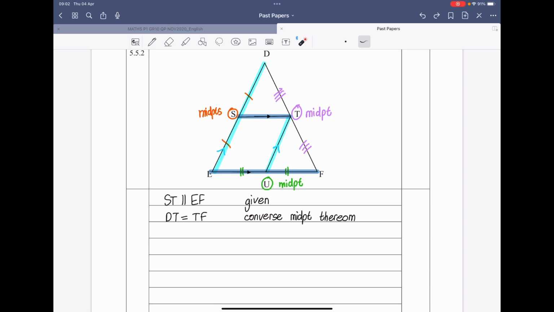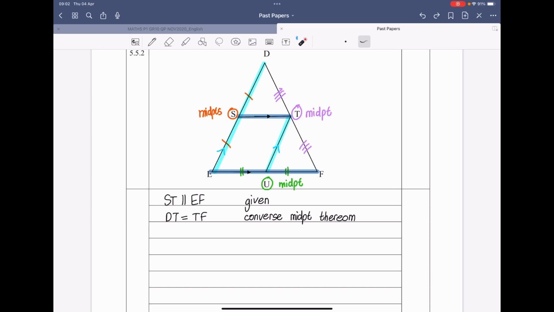Okay, and then moving on, now that we've got that DT is equal to TF, I've got that T is another midpoint in my triangle, and I was told in the question that U is a midpoint because they said that EU is equal in length to UF. So again, converse midpoint theorem, I've got two midpoints, and I've got this third line of the triangle.